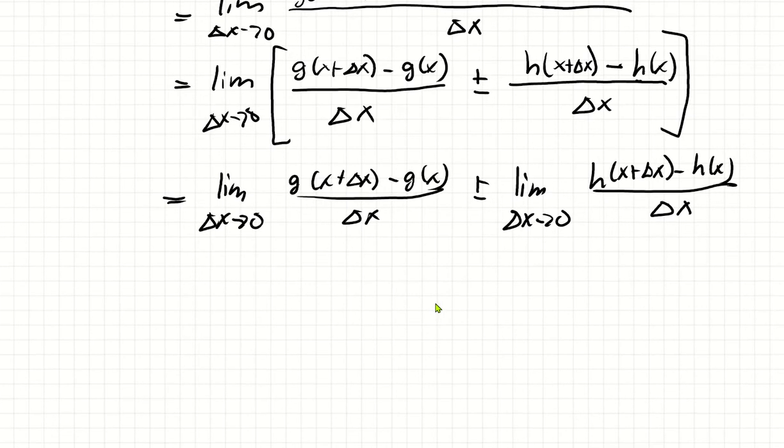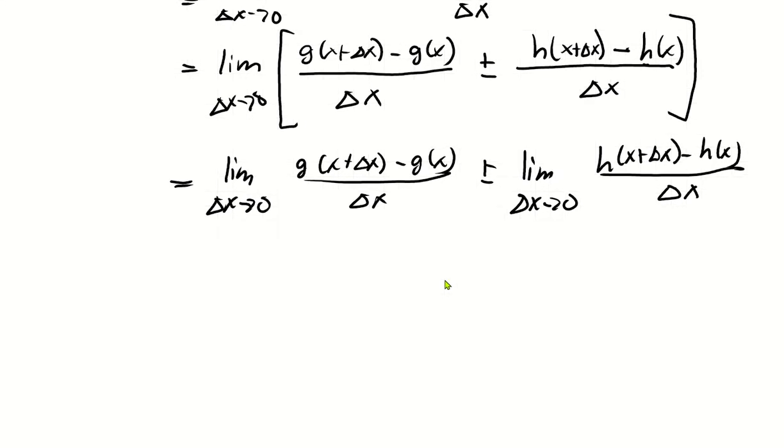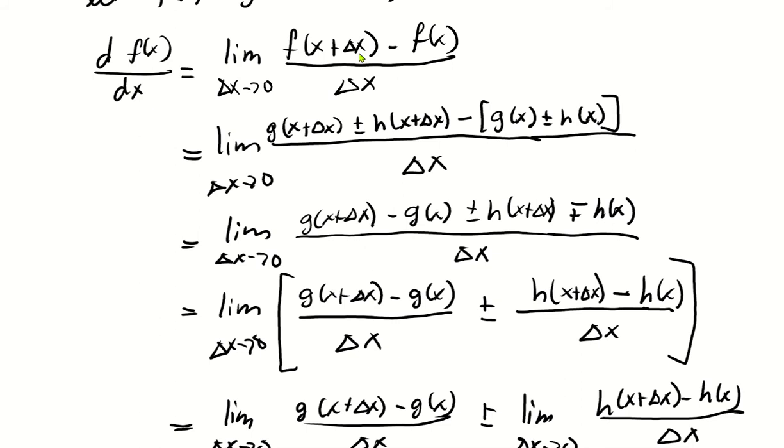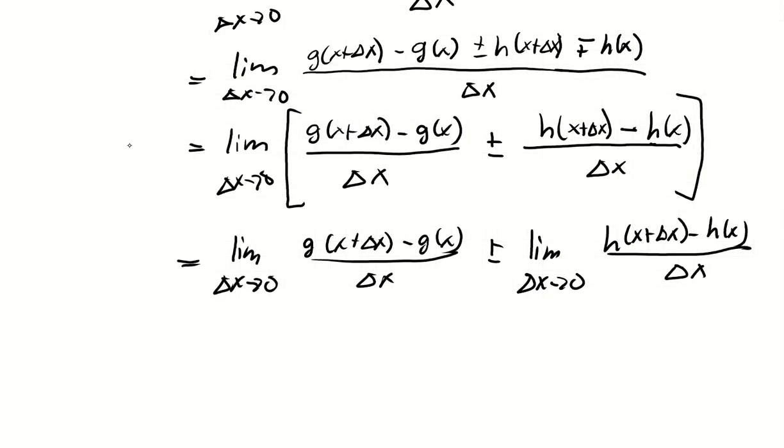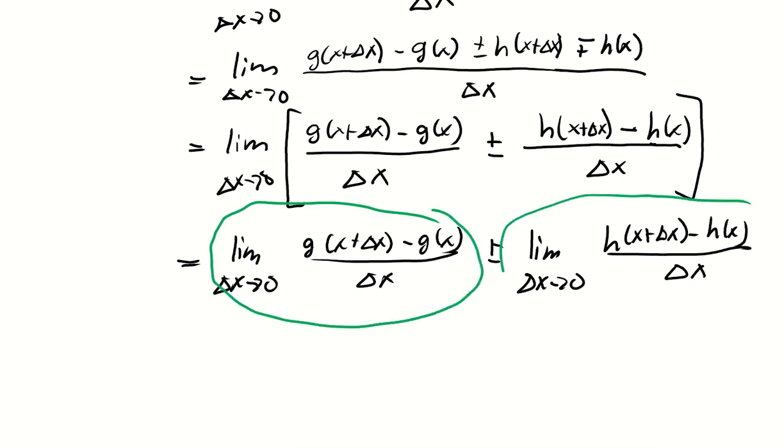Then if you remember the definition again of a derivative, f of x plus delta x minus f of x over delta x. If you look at this part, this one is a derivative, and also this one is a derivative, of g and of h.